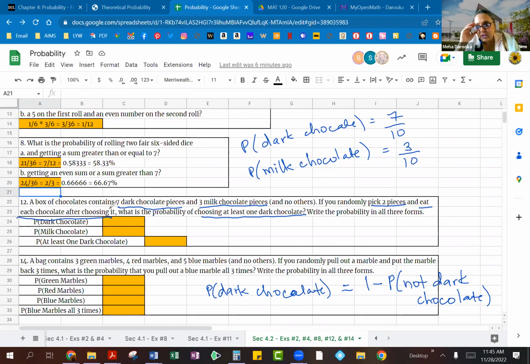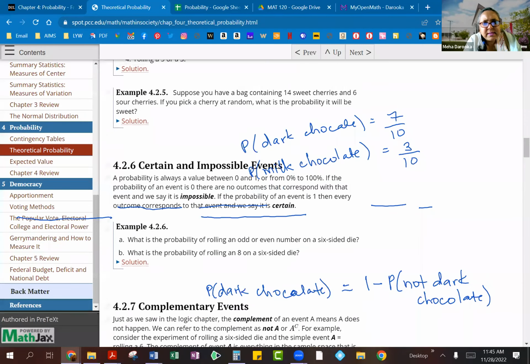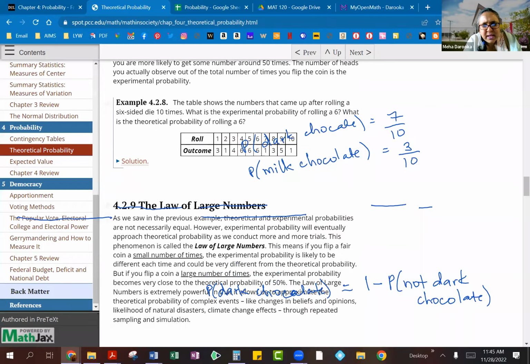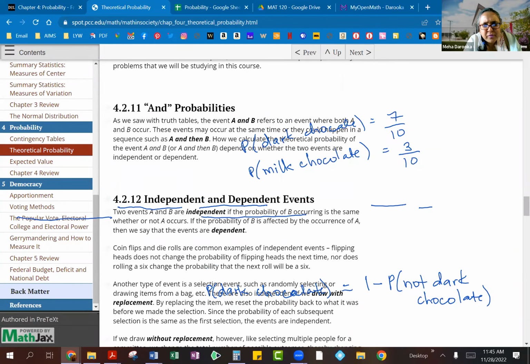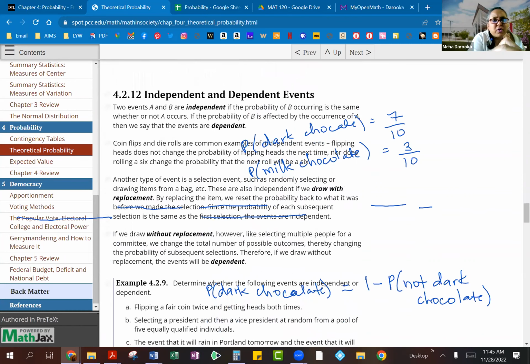So this is definitely not going to be independent events, right? Because remember how we were talking about dependent and independent events? I'm trying to keep my writing so that I can use it as we are moving forward. So I apologize for all that writing, but this is where we are going, the without replacement part, this paragraph right over here, because since you are choosing the chocolate and you eat it, your probability will keep changing.